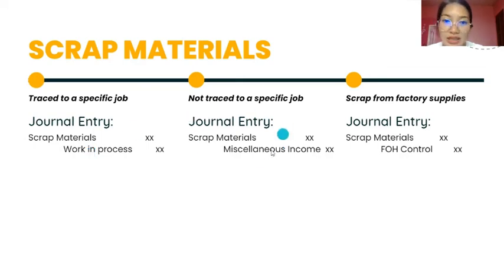If it cannot be traced to a specific job, meaning the scrap materials can still be sold, there are many buyers, so it is miscellaneous income. But if the scrap is from factory supplies, it is credited to the factory overhead control account.